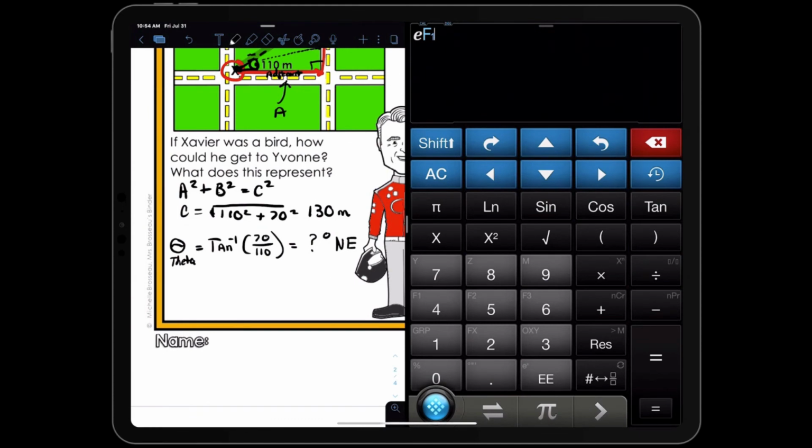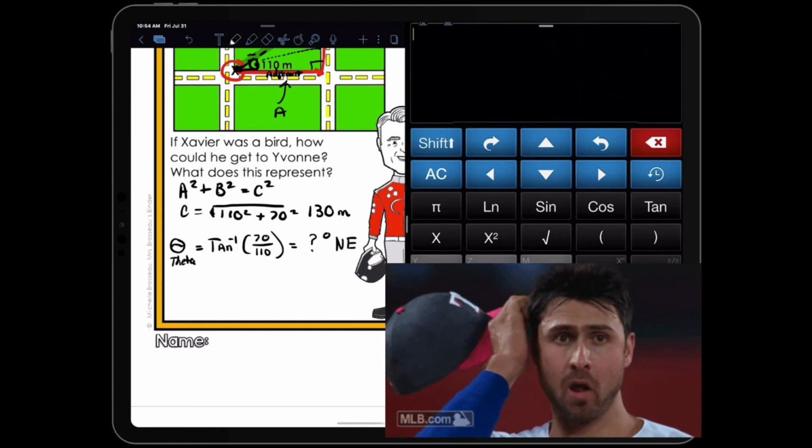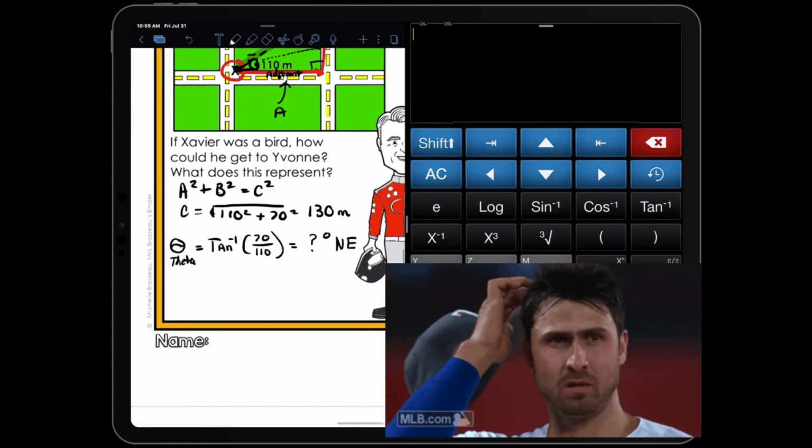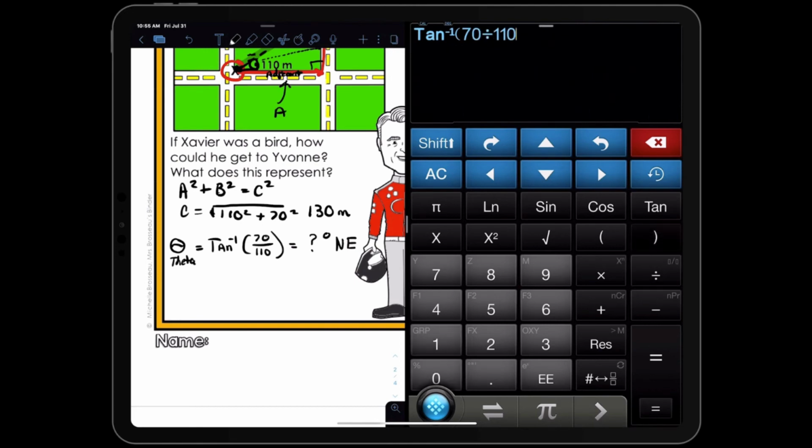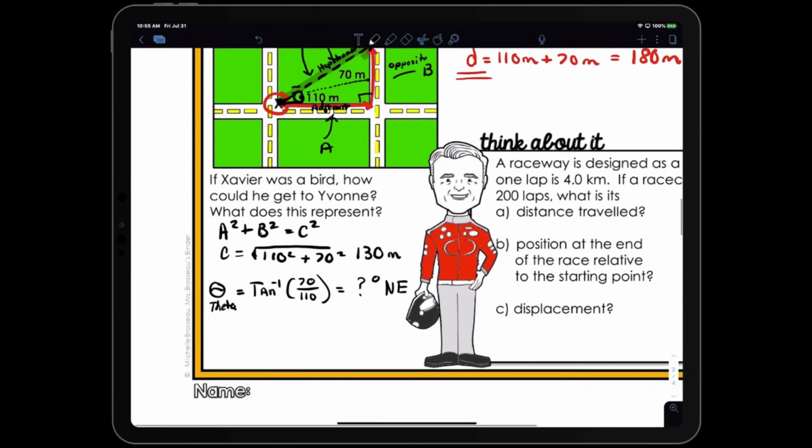We're going to go second function. See how I press the shift button and then my tangent has a -1 on there? We'll go 70 divided by 110, close it up, and my angle is going to be 32 point, let's round that off to 5. So it's going to be 32.5 degrees. That's going to be the actual angle here.